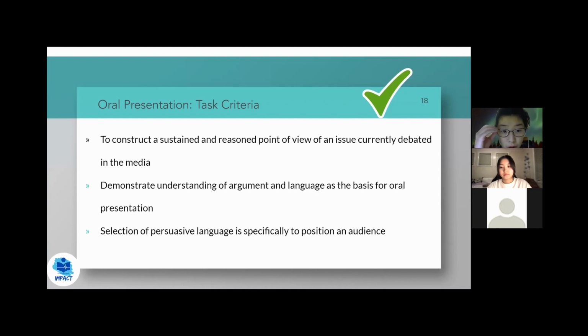The task for the oral is for you to construct a point of view and an argument to support that point of view around a really popular issue, demonstrate understanding of that argument, and show your use of language in presenting an oral speech format, selecting persuasive language that's really well suited to make an audience feel a certain way.